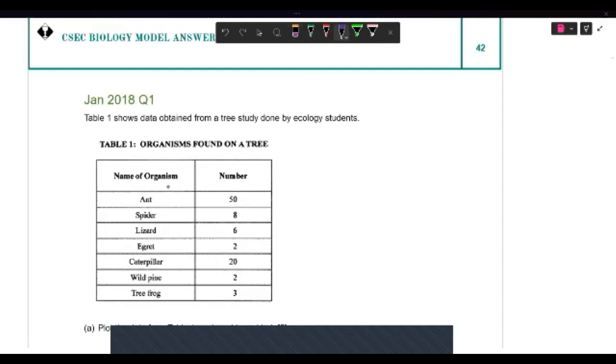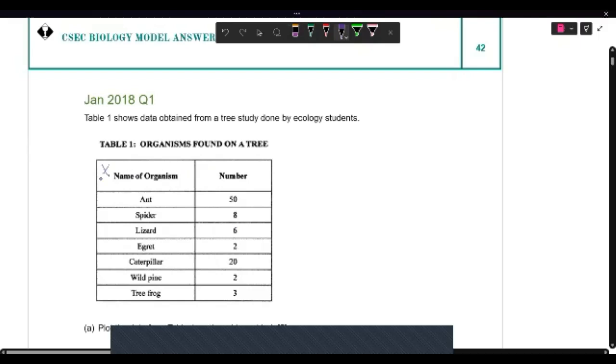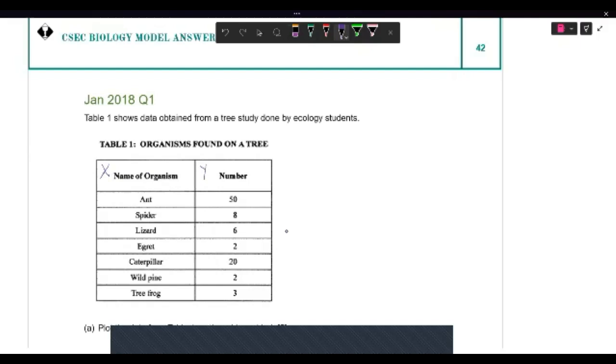And we have here our list of organisms on the left and numbers on the right. Now, looking at this table, if we were to draw a graph, it means that this would be on the x-axis and this would be on the y-axis.